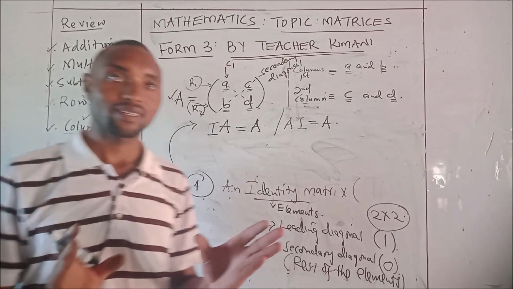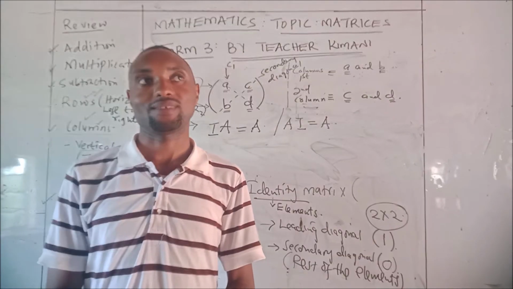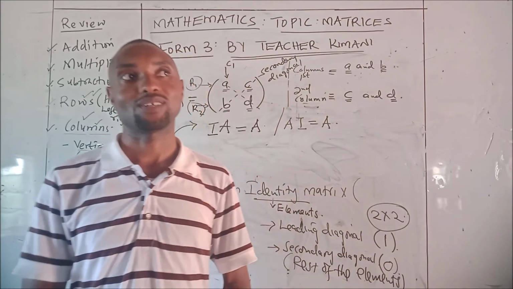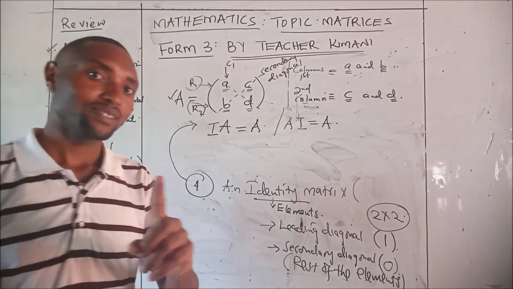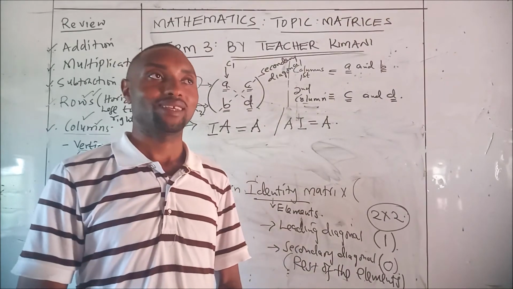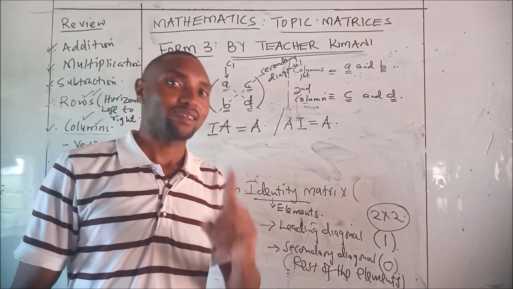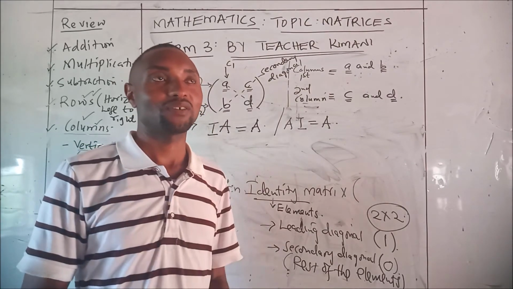So something very unique also we need to understand. I know we have looked at squares, we have looked at rectangles. What determines a square is its diagonals. What determines a rectangle is its diagonals.